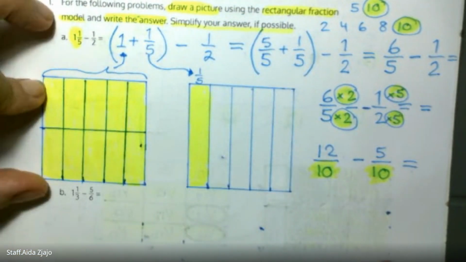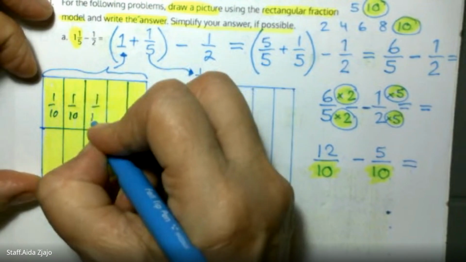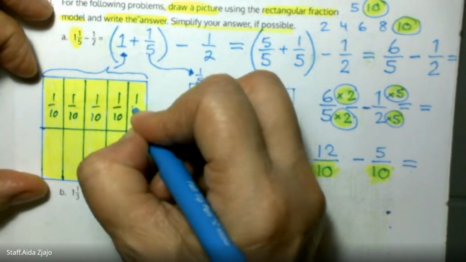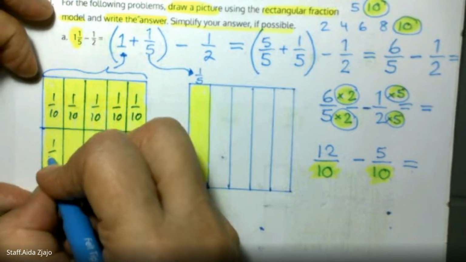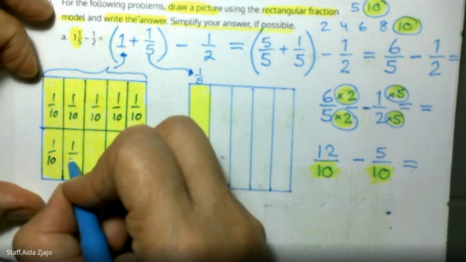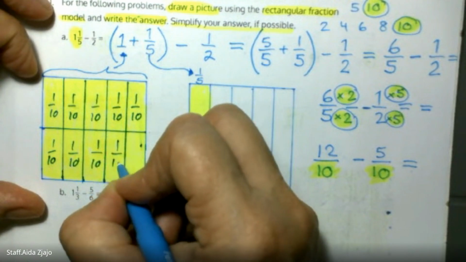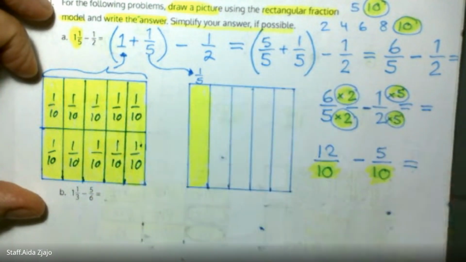Okay, so I have 1/10, 2/10, 3/10, 4/10, 5/10, 6/10, 7/10. Okay, 10/10 makes the whole.